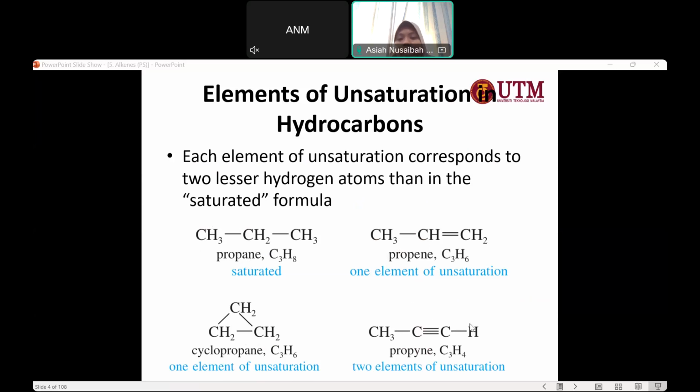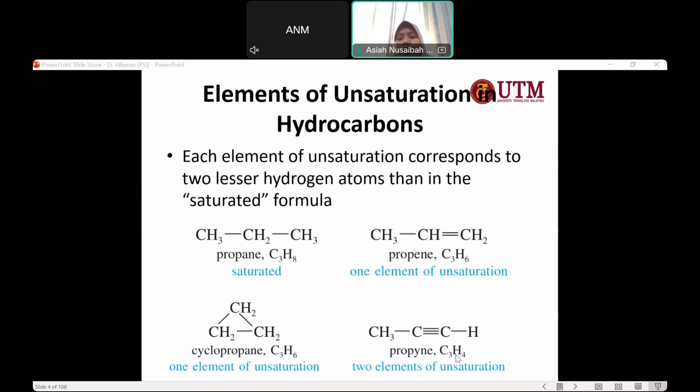Now let's see another. We have propyne where we have a triple bond. Not just a double bond, but a triple bond. In this condition, if we have a triple bond, it's considered that we have 2 elements of unsaturation.